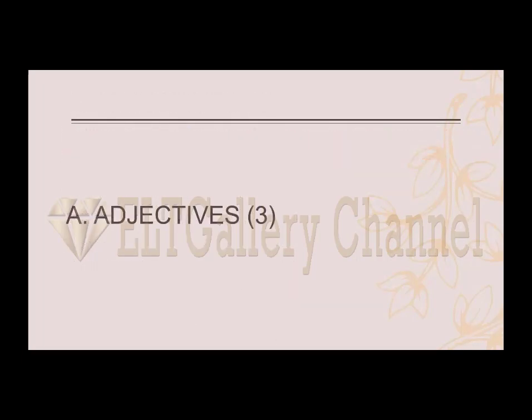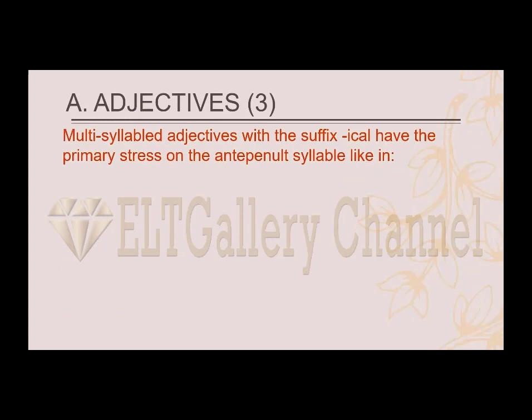And then we have adjectives which end with -ical. They have the primary stress on the antepenult syllable, or the syllable from the last. Penultimate is the second from the last, and antepenult is the third from the last.